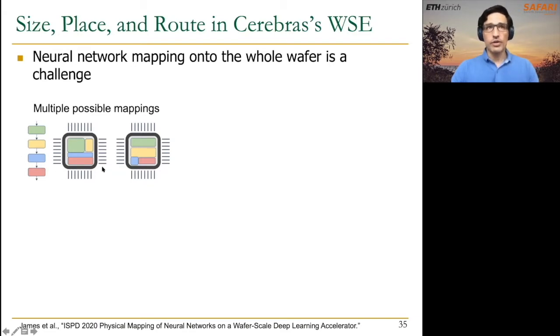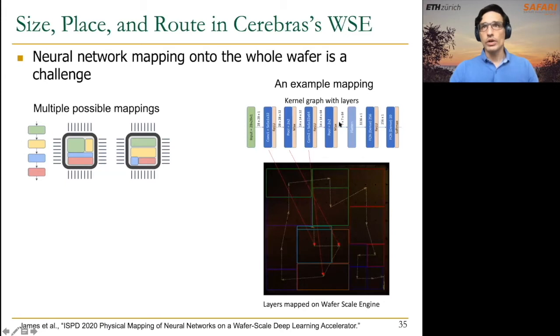There might be different ways of mapping these. For example, this green layer goes here, the yellow layer goes here, and so on. Here you have a more detailed example where you can see where exactly each of these convolutional or pooling layers is being mapped onto the Wafer Scale Engine.